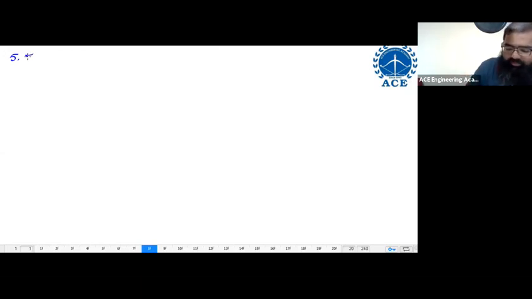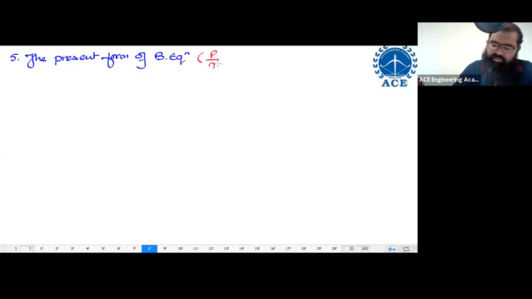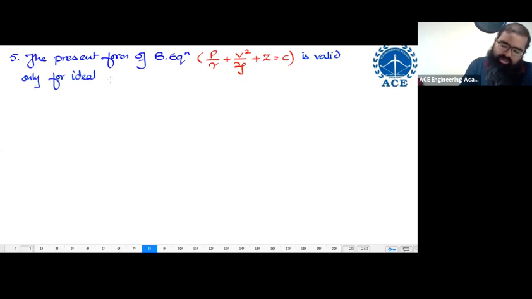The present form of the Bernoulli equation means P by gamma plus V square by 2g plus Z is equal to constant in a flow. It is valid only for ideal flow. This is a limitation we are having.